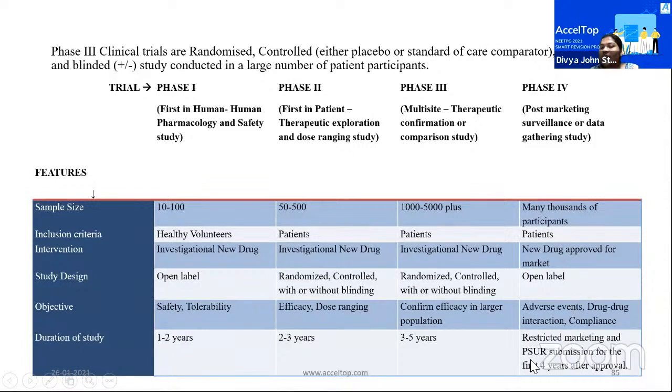Restricted marketing and periodic safety update reports have to be submitted when the drug is introduced in the market as a new drug, for the first 4 years after approval. PSURs are reported every 6 months for the first 2 years and then yearly for the next 2 years.